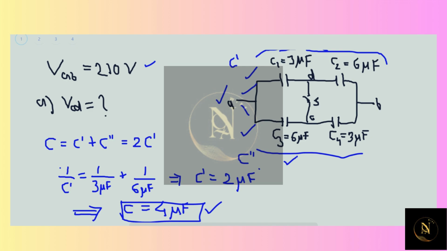So when we close the switch, as you can see, initially C1 and C2 were in series. When the switch closes, C1 and C2 will be in parallel and C3 and C4 will be in parallel.